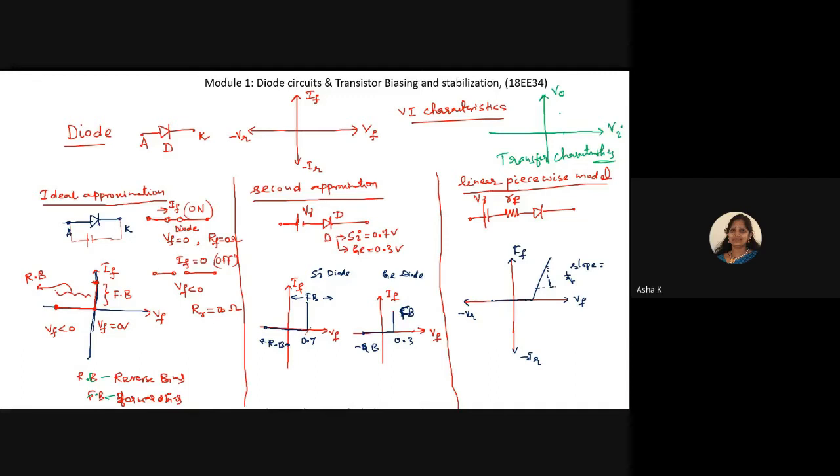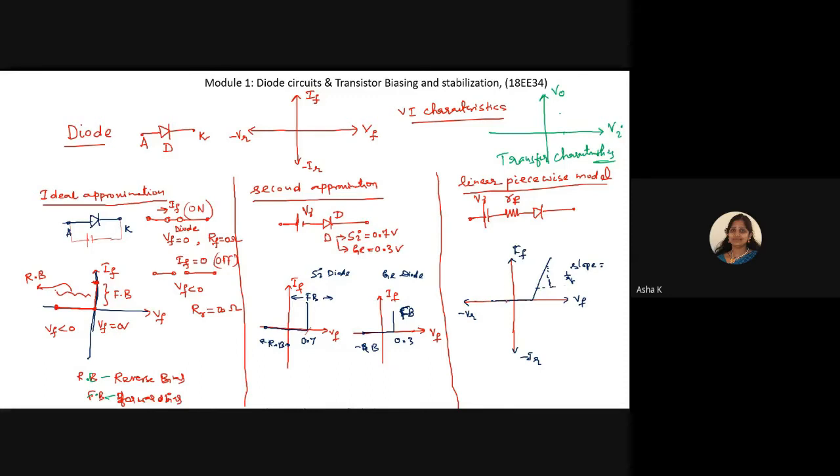When it comes to the linear piecewise model, along with the knee voltage, we have the forward resistance of the diode and an ideal diode. Straight lines are used to join these connections, hence it is called the linear piecewise model, and the slope here is 1 divided by RF.